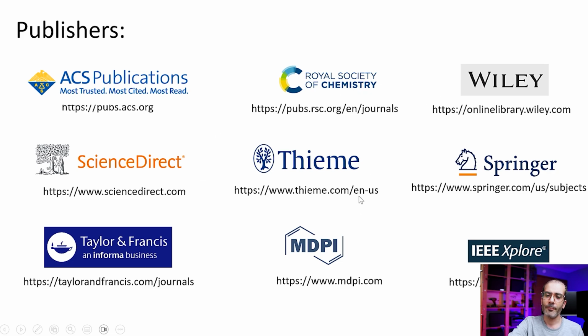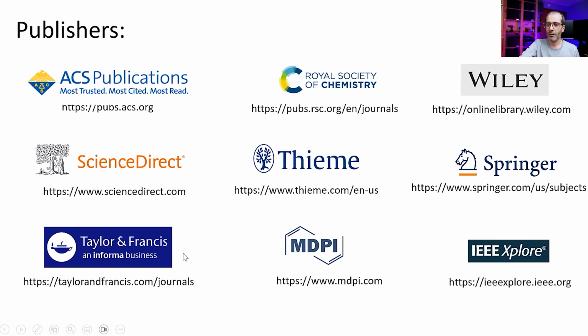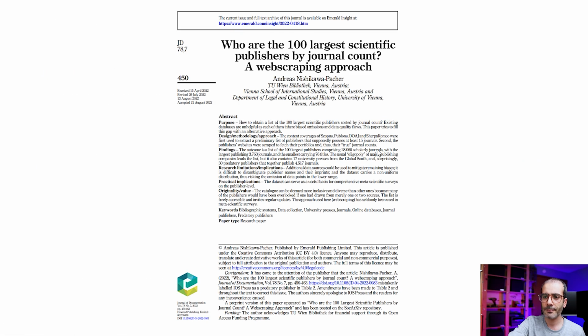So you can go directly to these websites and search there. But of course, it's much easier to use a search engine, one of the four that I just explained. I'm going to put the link of all of these in the description below, so you can just click and check it.